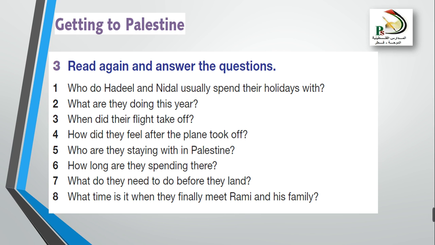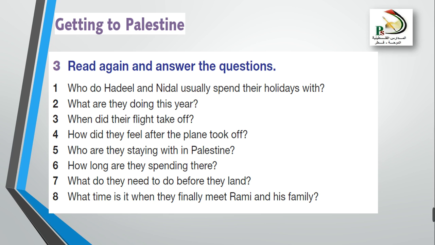Now here we have some questions about our last lesson. Read again, answer the questions. Number 1. Who do Hadil and Nidal usually spend their holidays with? 2. What are they doing this year? 3. When did their flight take off? 4. How did they feel after the plane took off?